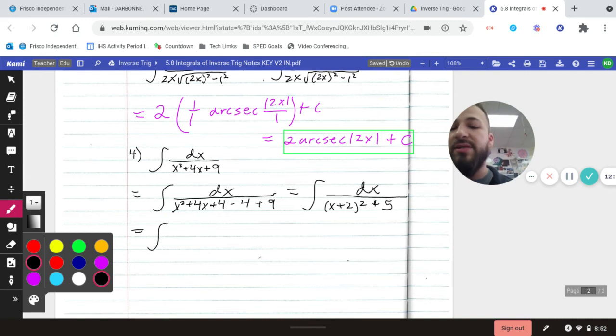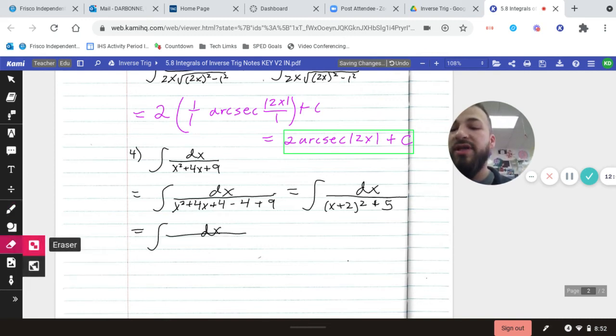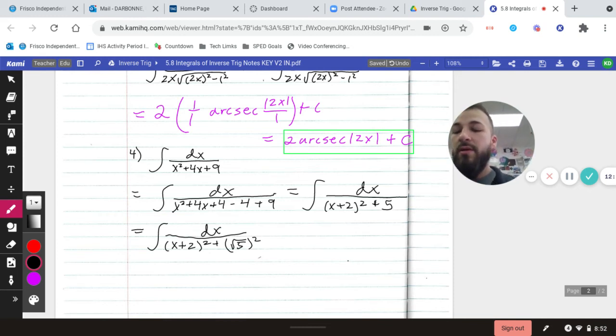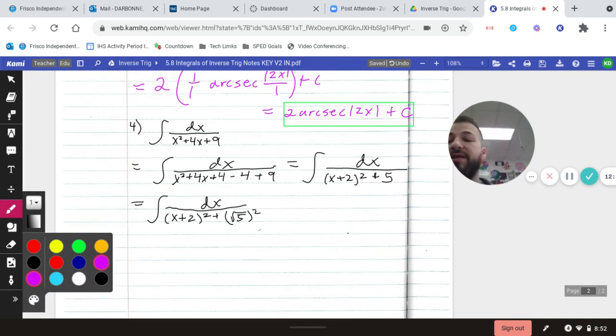So this becomes dx over x plus 2 squared plus the square root of 5 squared. And then from here, I see that my u is very clearly x plus 2. And I see that my a is very clearly root 5.